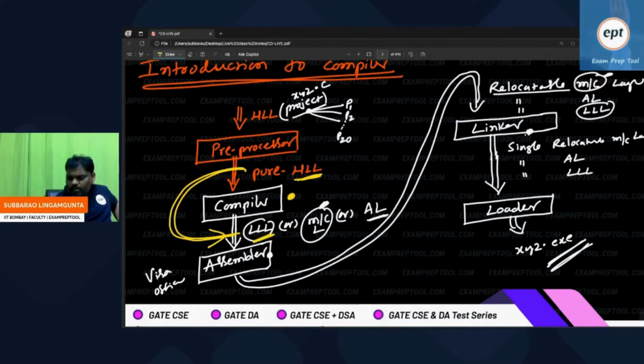That's it. Then what about the preprocessor? For user convenience, you will add a little bit before the compiler and a little bit after the compiler. They are not part of the compiler.